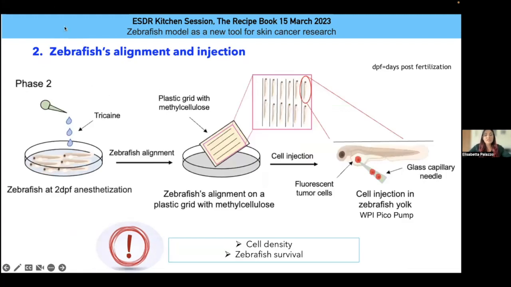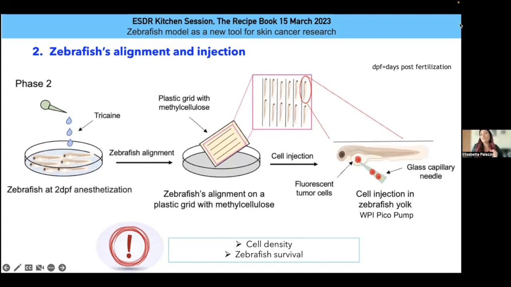Let's go into phase number 2, which is another critical step, because we need to perform anesthesia of the animal, and then we need to align them really well in this plastic grid with methyl cellulose, in order to have each animal in the same position and perform the injection with the capillary needle in a really reproducible way again.